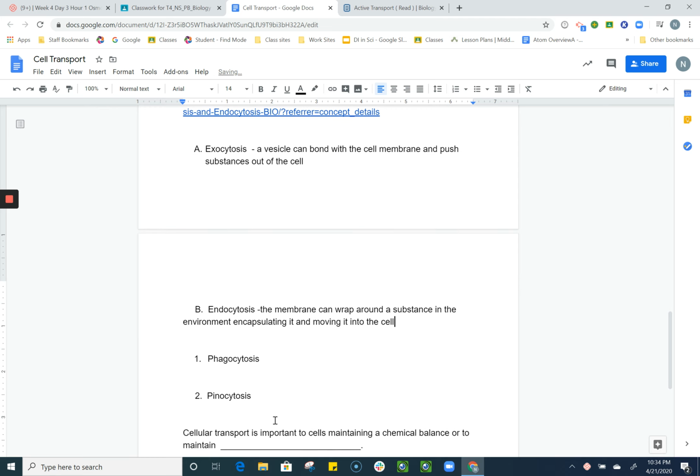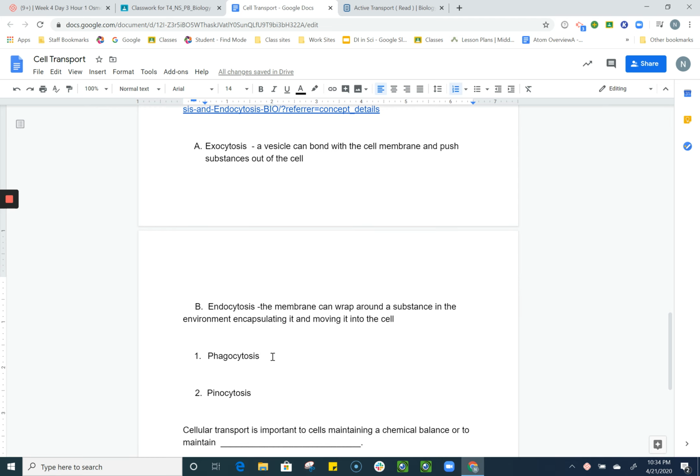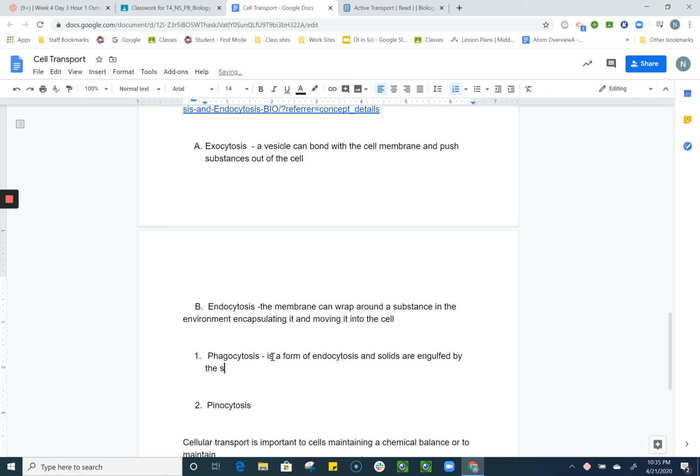Now, phagocytosis is a form of endocytosis, and it's like when it engulfs a solid. So phagocytosis is a form of endocytosis, and solids or particulates are engulfed by the cell. Pinocytosis is another form of endocytosis, and fluids are taken into the cell.